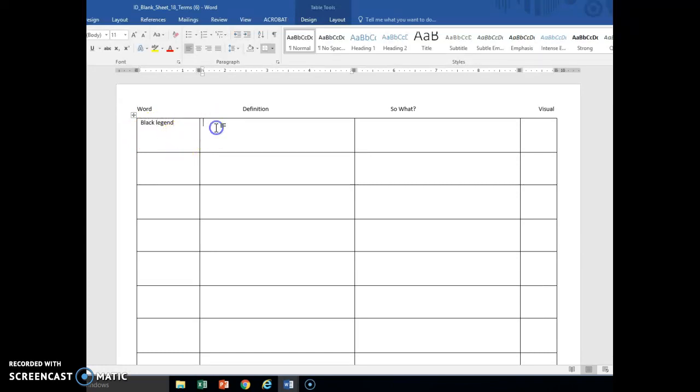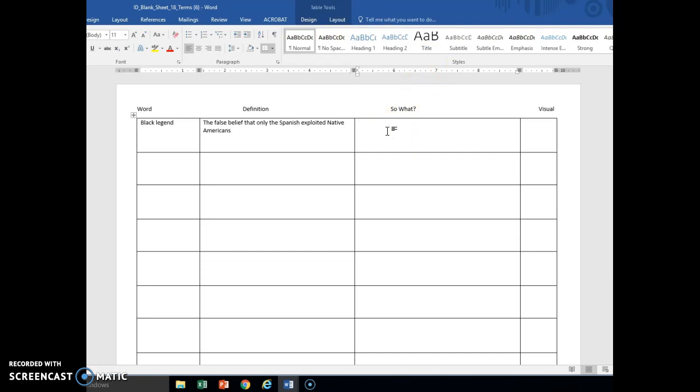With the Black Legend, the false belief that only the Spanish exploited Native Americans. Okay? So that's a good enough definition. It's not comprehensive or anything like that, but it's good enough.